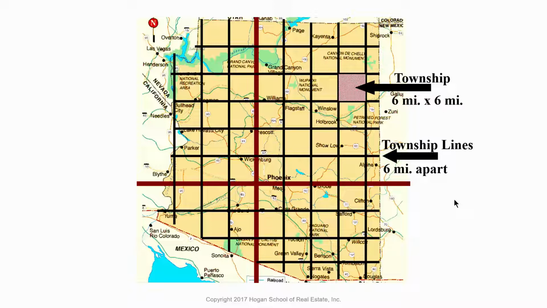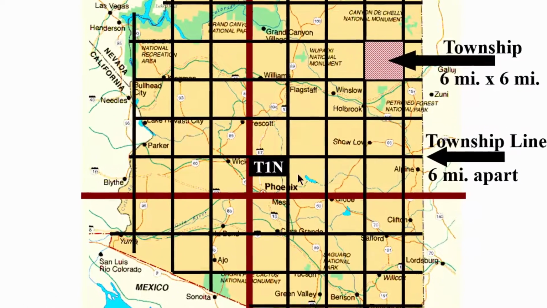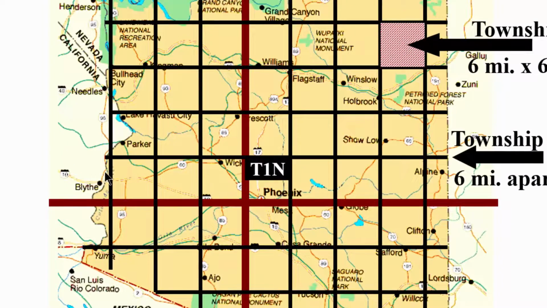Now let's go about identifying these townships uniquely. You'll notice that this township is the first township north of the baseline. But if you take a look at the other townships in this same what is called a tier, all of these are also in the first township north of the baseline. So T1N, standing for Township 1 North, does not uniquely identify that particular parcel.